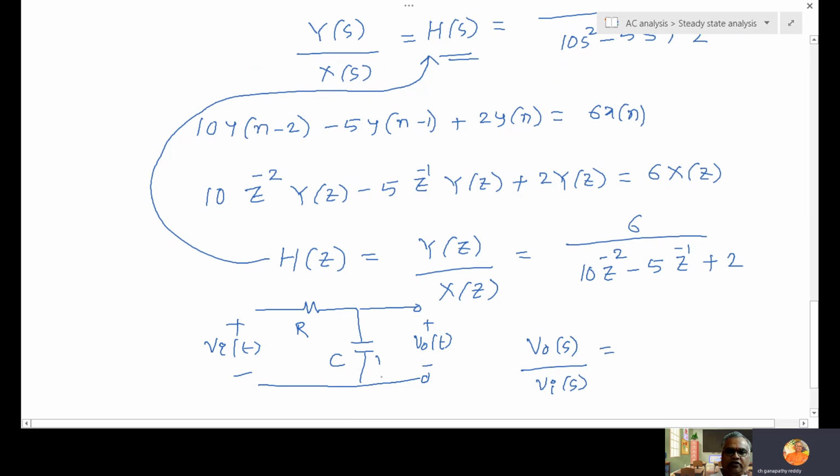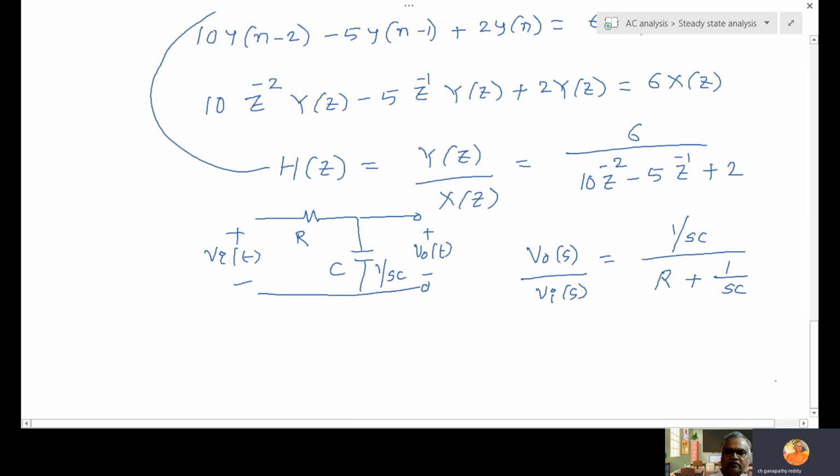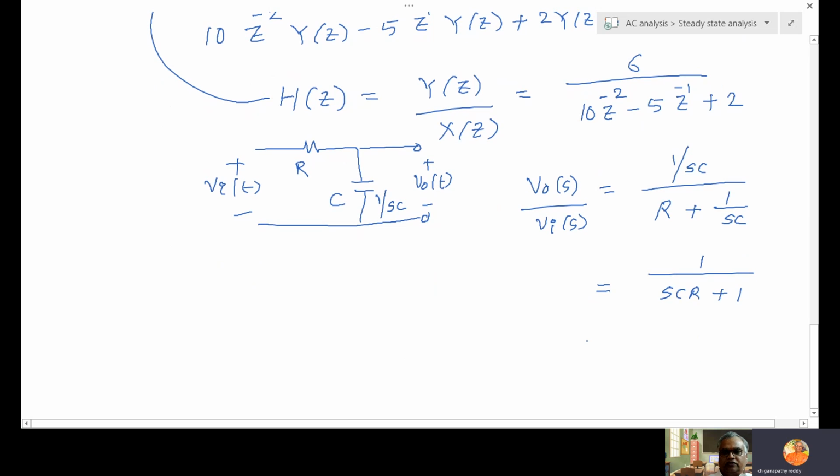What is the capacitor in the S domain? 1 by SC. So using voltage division, 1 by SC by R plus 1 by SC. Simplify this, you get 1 by SCR plus 1. How does this look? 1 by CR by S plus 1 by RC. So what is this? It is a transfer function H of S.